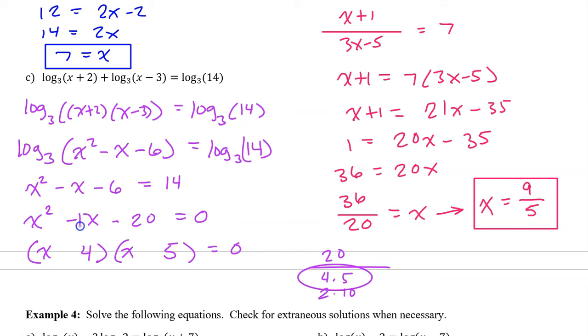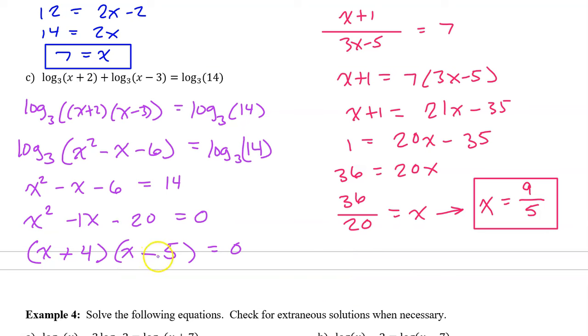The middle is a negative 1. So inner I have 4x, outer I have 5x. To get a middle of negative 1, I need a positive 4x and a negative 5x. So I will put the positive here and the negative here. Also, positive 4 times negative 5 is negative 20.